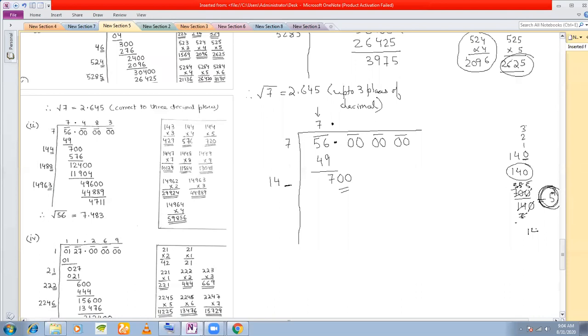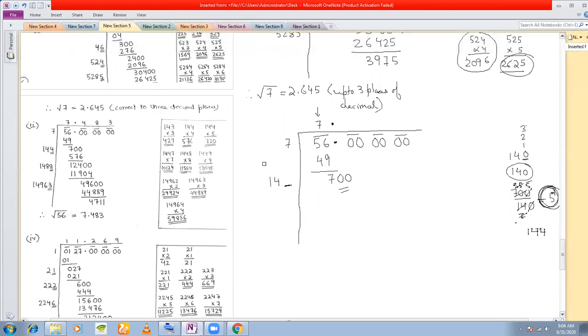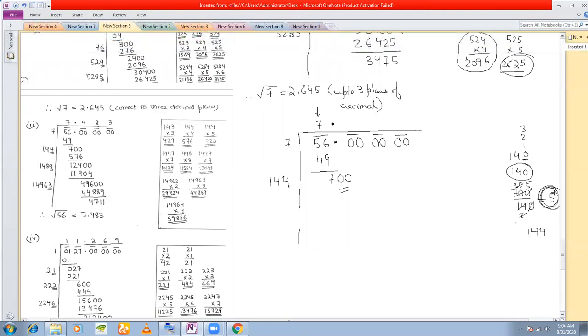Okay, so what you do here is you try with 4. So 144, you place 4 here. Okay. And you multiply 144 with 4.